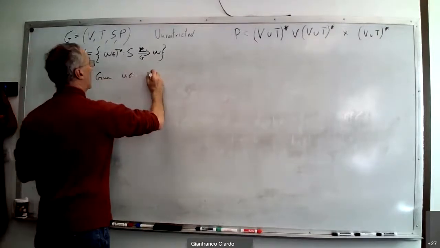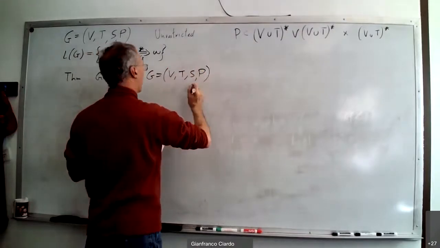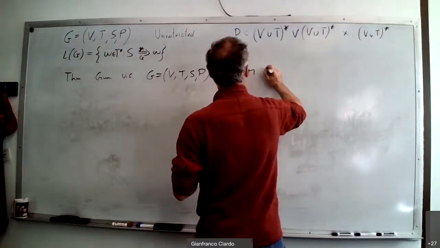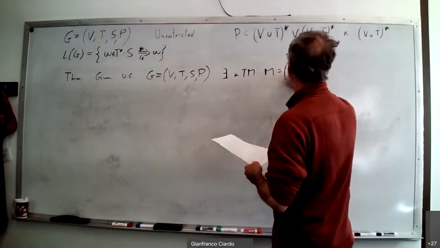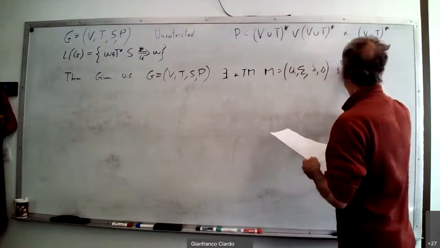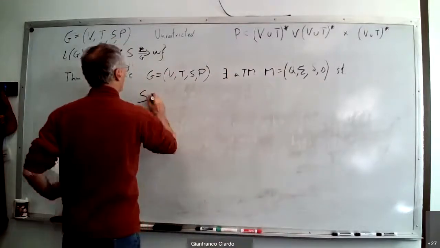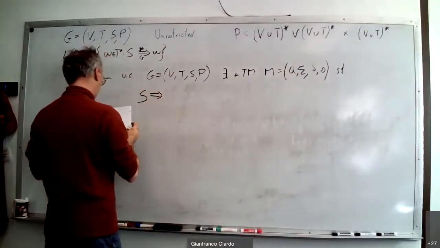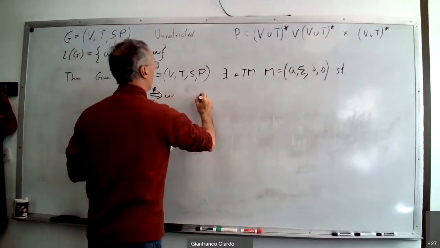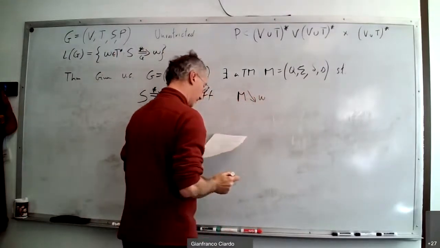Given an unrestricted grammar G = (B, T, S, P), there exists a Turing machine M = (Q, Σ, δ, S) such that S can generate W if and only if M halts on W. Okay?